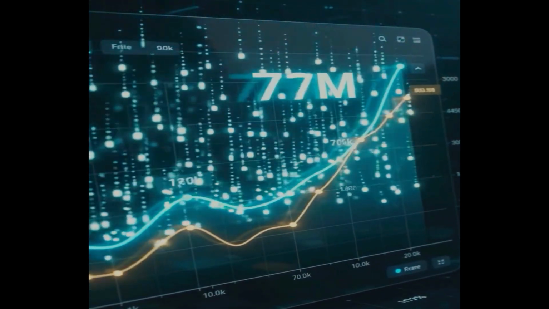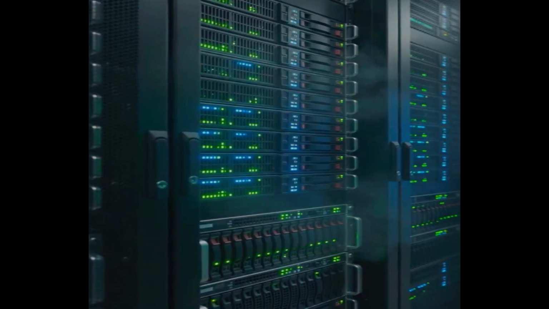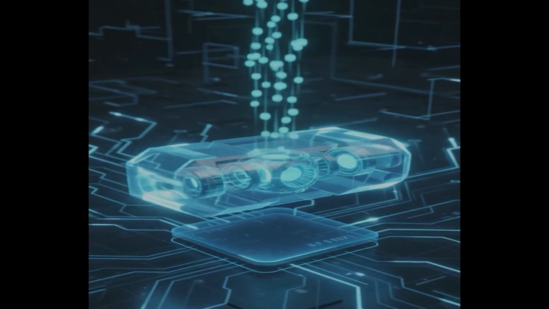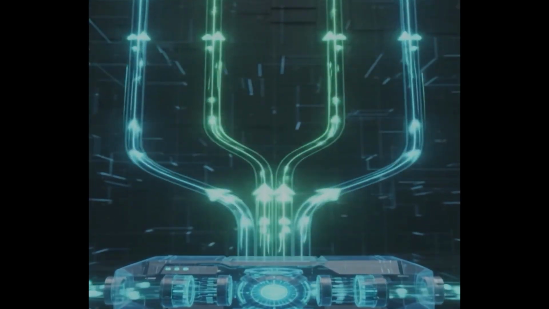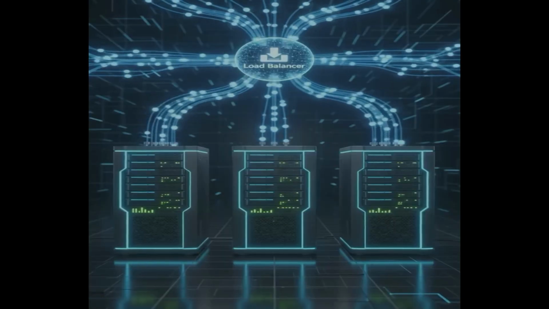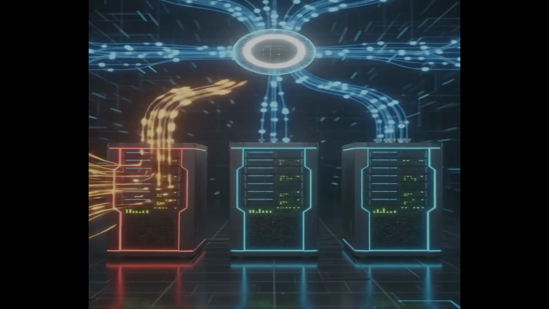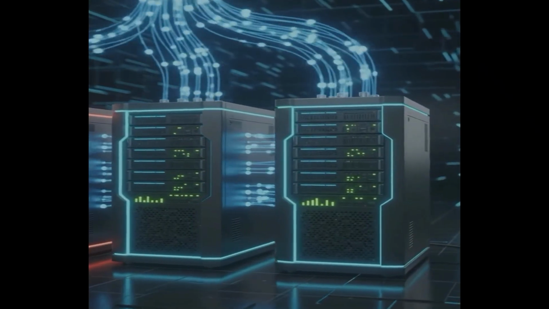But what happens when millions of people visit the website at the same time? This is where a load balancer comes in. It distributes incoming traffic across multiple servers. Instead of overloading one server, the load balancer shares the work evenly across all available servers.